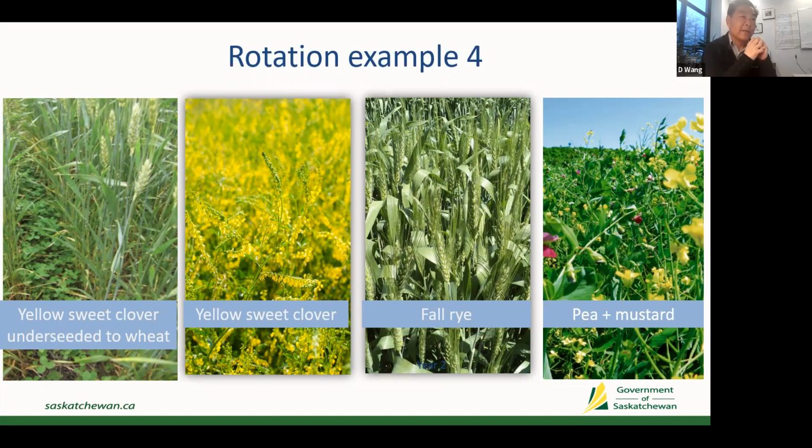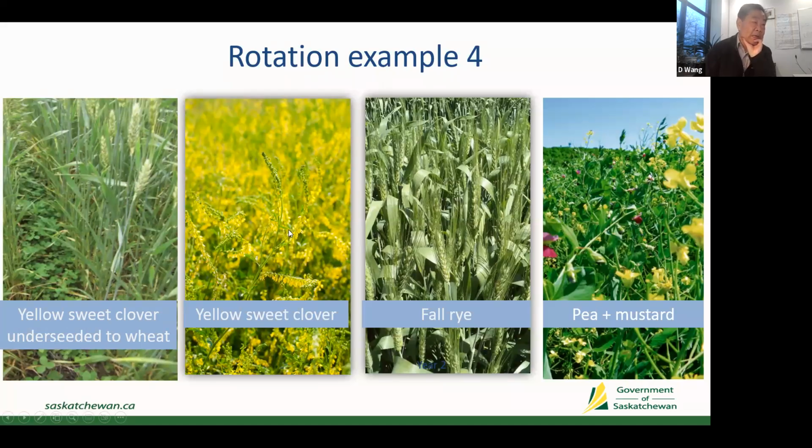Number 4 rotation was designed for Canada thistle control. In year 1, you could underseed yellow sweet clover to a cereal crop, either wheat or oats. After you harvest the cereal crop, the clover starts to grow a little bit.